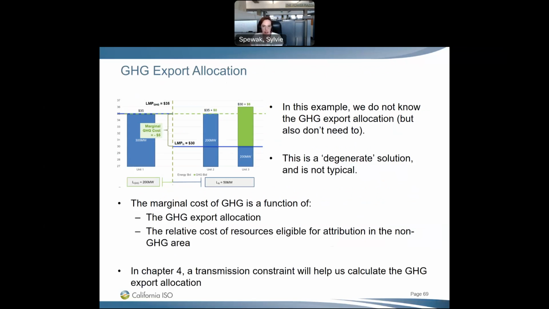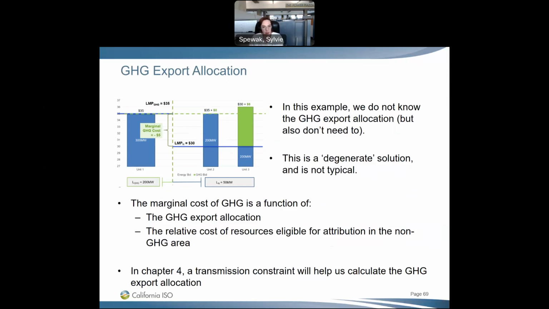So to summarize what we've talked about so far, in the example we just went through, we did not know what the GHG export allocation is, but we also didn't need to. And this is not typical. The marginal cost of GHG is actually a function of the GHG export allocation and the relative cost of resources eligible for attribution in the non-GHG area.